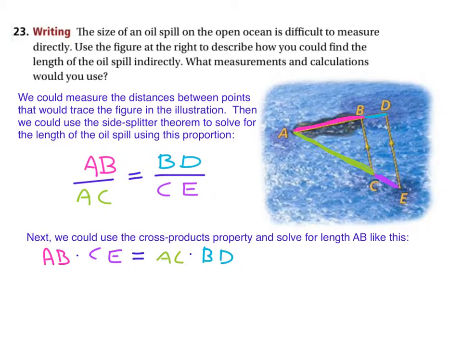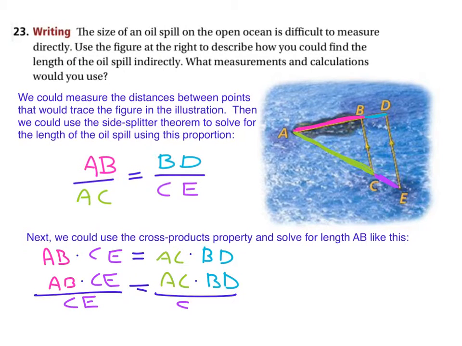Then we would solve for the length of AB by dividing both sides by CE. So we would get AB times CE divided by CE. What we're trying to do is divide that length CE to just leave AB equals AC times BD, also that side divided by CE.